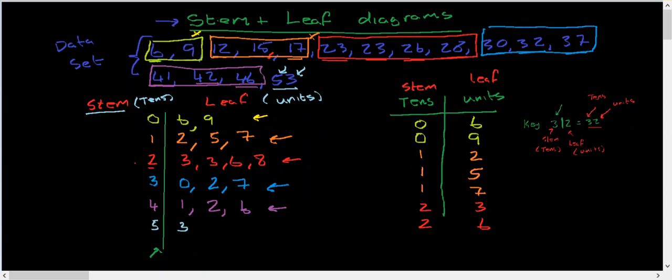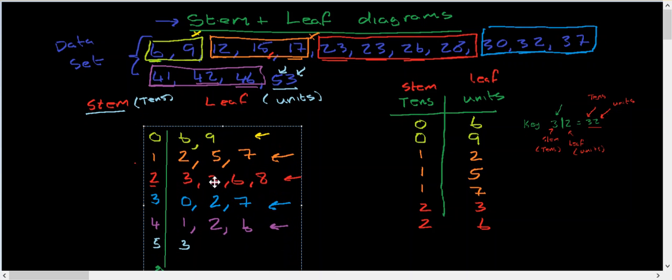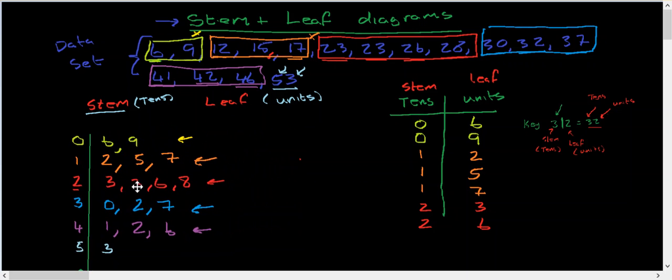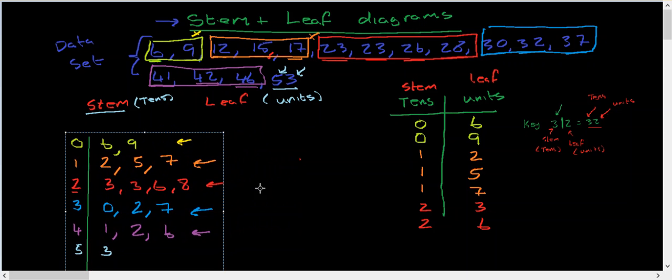I just want to move this down a little bit, away from all of the numbers. So this is what's known as a stem and leaf diagram, and it's really important that you're able to interpret one as well. I'm just going to take off the arrows, because I think you get what I mean.